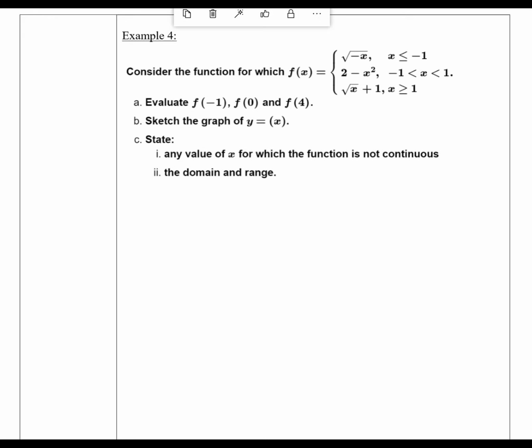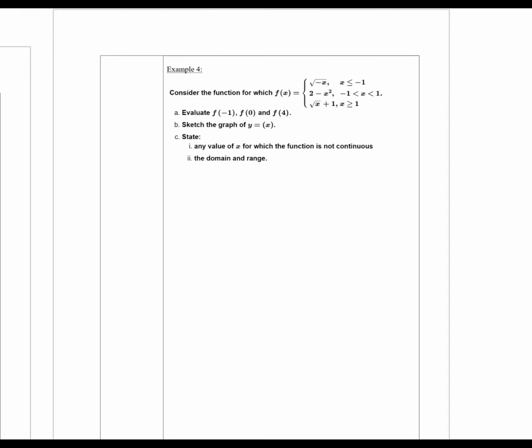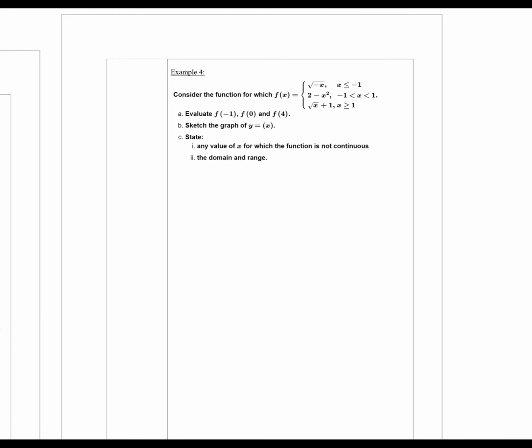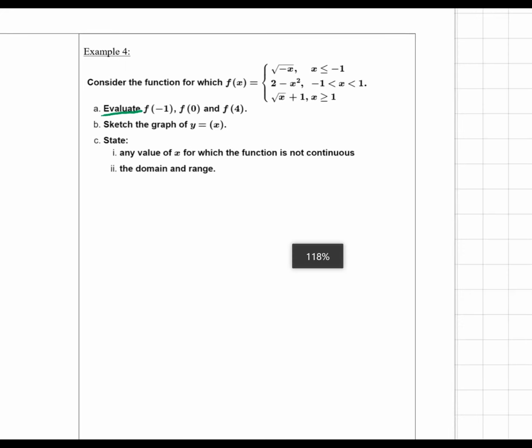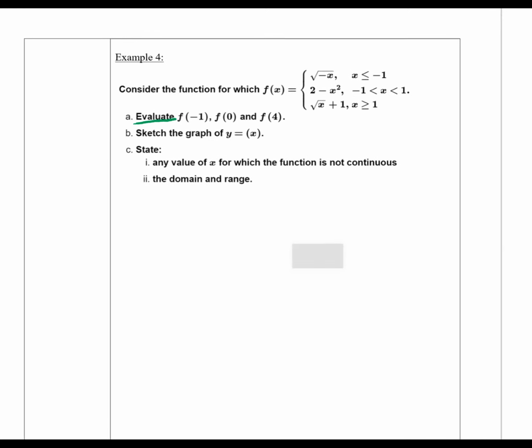Another question that comes up quite often with piecewise or hybrid functions is when we're asked to evaluate at certain points. So when we're asked to evaluate f of negative 1, we need to first think, well, where would that exist? If I look at the domain, the value negative 1 is inclusive here.